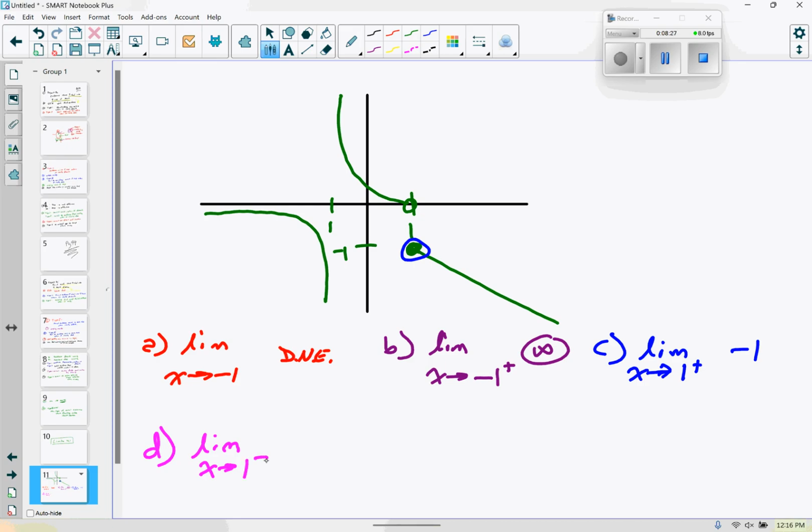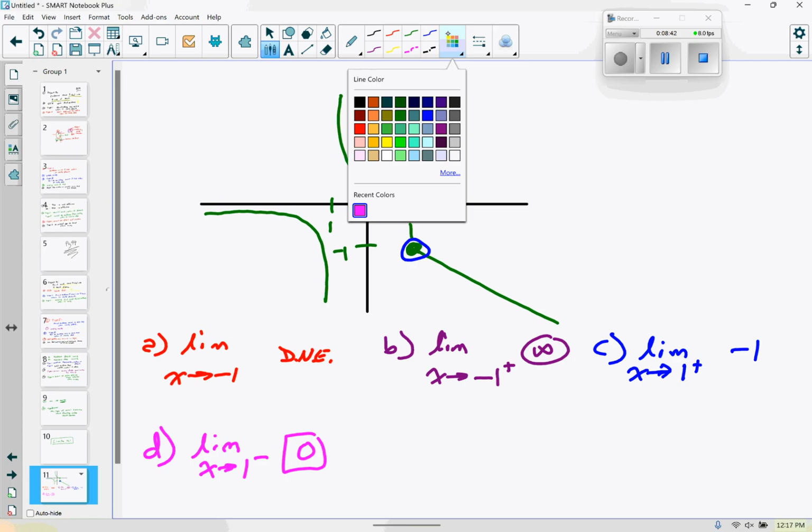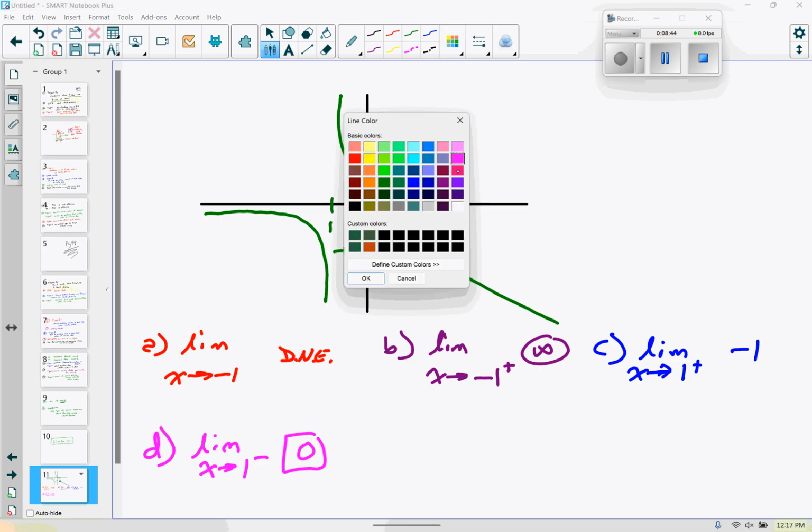So as I come from the left, I get to here. That limit is at 0. Which means that if I am not coming from one way or the other, this can't exist. A, B, C, D, E.